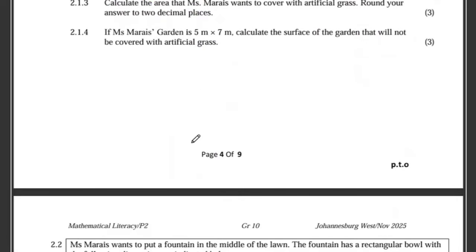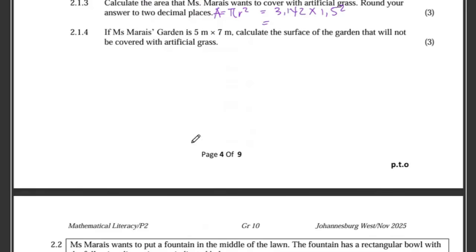Calculate the area that Mrs. Morris wants to cover with artificial grass. Round your answer to 2 decimal places. Now, as you know very well, the area to be covered is a circle. That means we shall use pi r what? Squared. Let's substitute 3,142, that's the pi, times what we've just got, 1,5 squared.